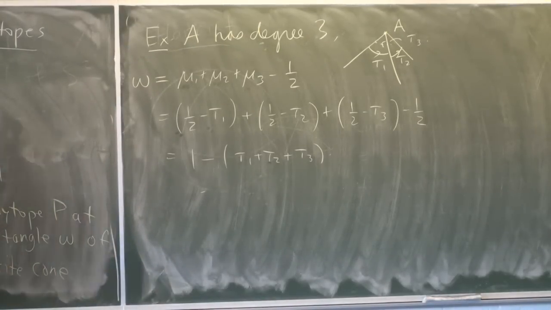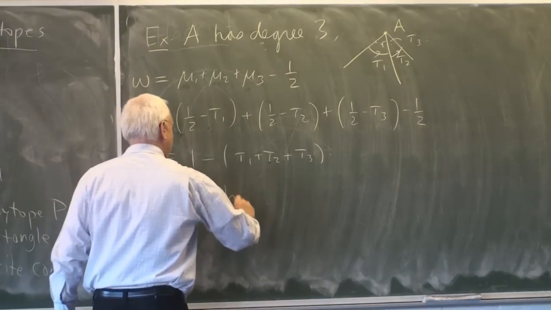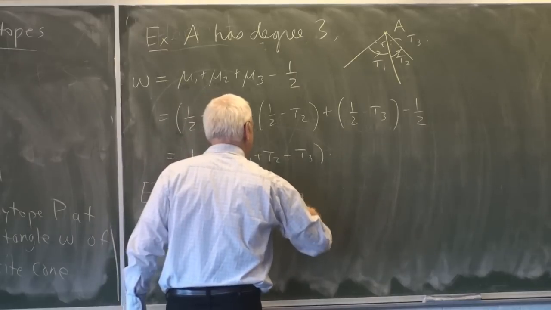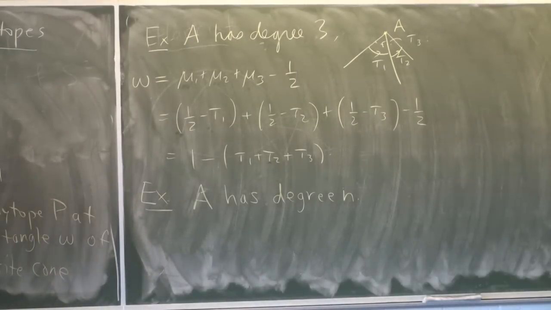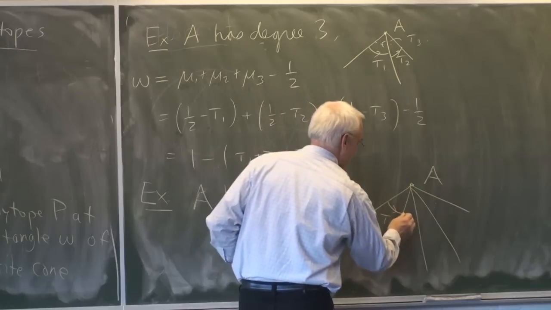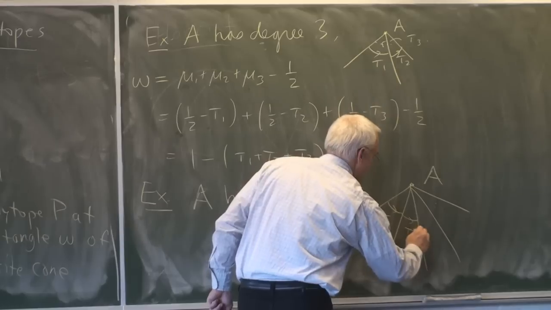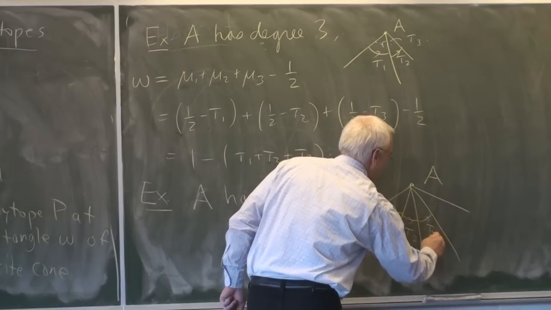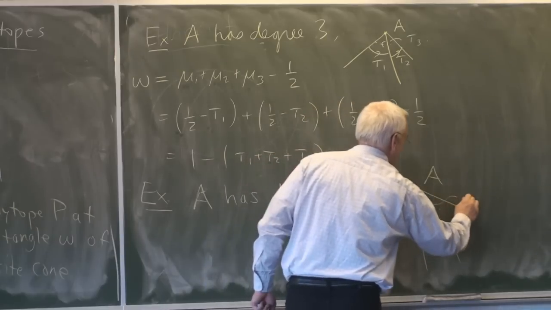Now what I want to do is look at the same thing in the general situation where A has degree n. So there are n edges coming in at the vertex A. The various faces that meet at A have tangles tau 1, tau 2, tau 3, and so on, all the way up to the one at the back, tau n.